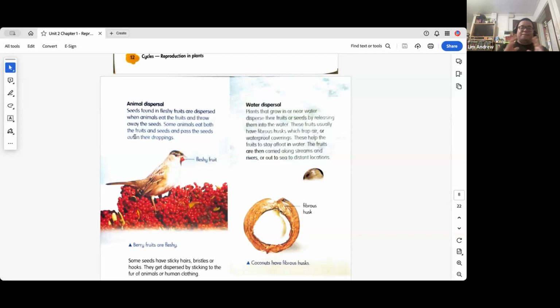For example, if a bird eats some fruits in Ho Chi Minh, after some time it flies to Da Nang, and the poop drops from the bird, with the seeds dropping out together with it. Then the seed will grow in Da Nang instead of Ho Chi Minh. This is how birds actually carry the seeds away from the mother plant. All right, by eating it.